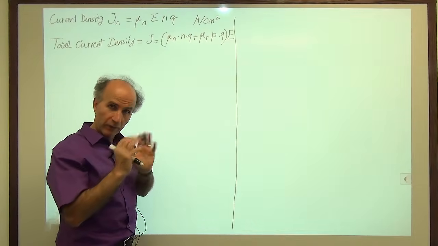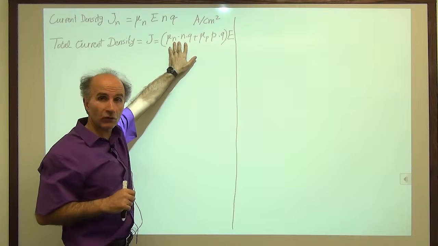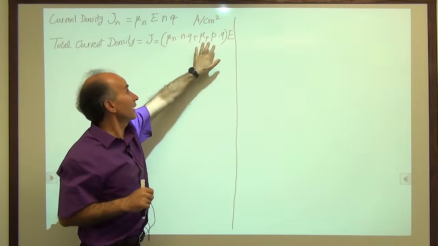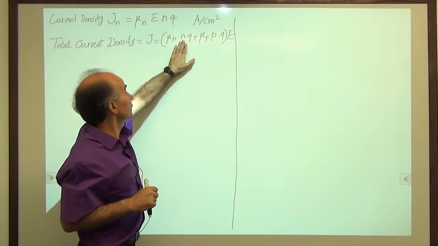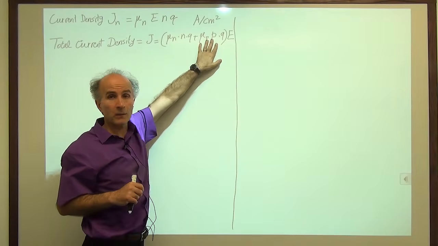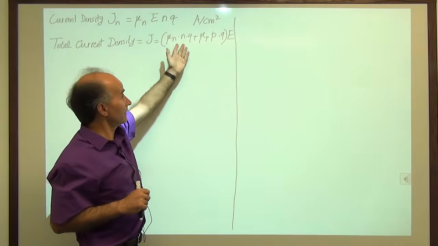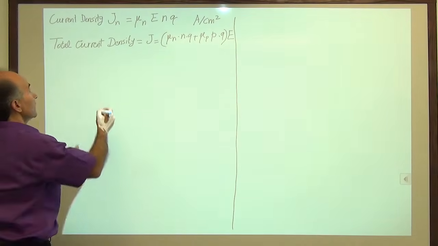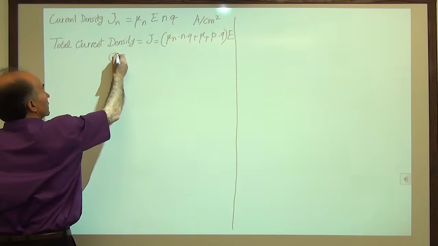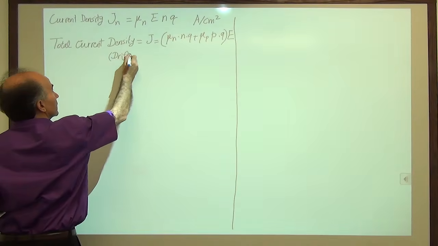That's okay, but whatever it is, that represents the current of electrons, that represents the current of holes. If P is very small compared to N, okay, so we forget this one, or vice versa. But that's the general equation for the drift current. So this is, of course, the drift mechanism.